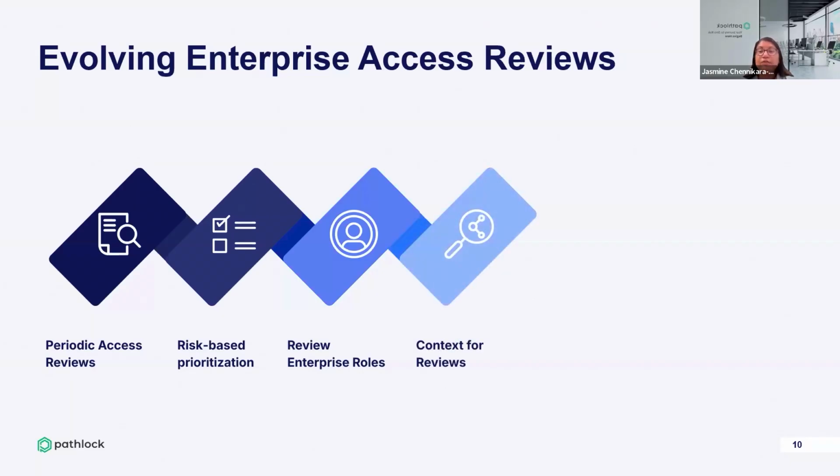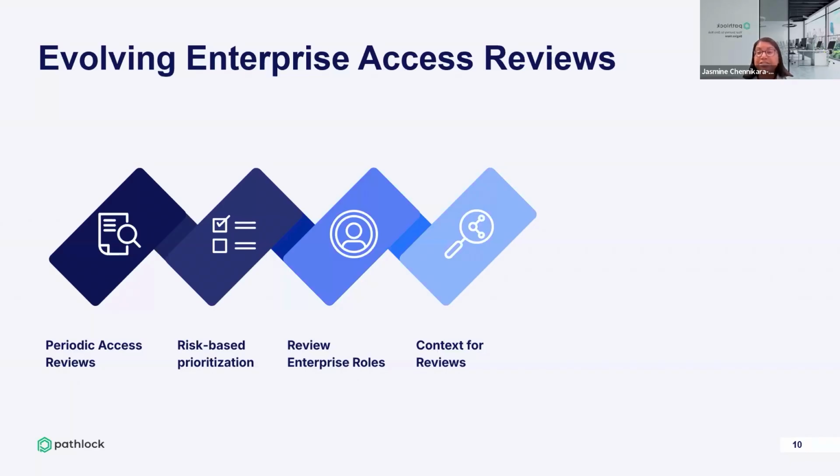Just showing the reviewers a list of business or enterprise roles or technical roles isn't enough. If we want access reviews to be effective, we need to give reviewers context. We need to give them real insights. Is the user actually using this access? How does their access compare to their peers?